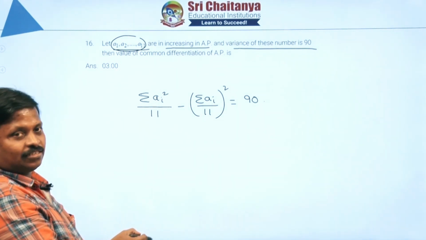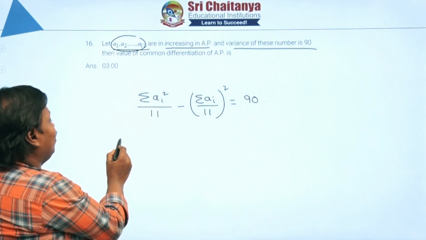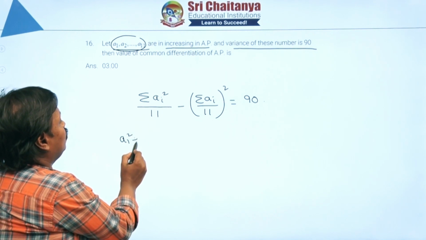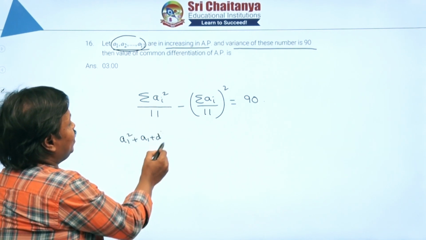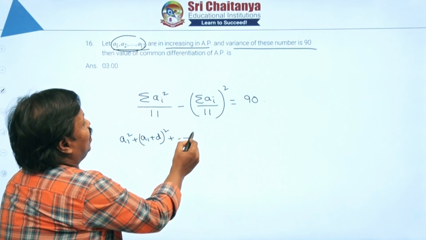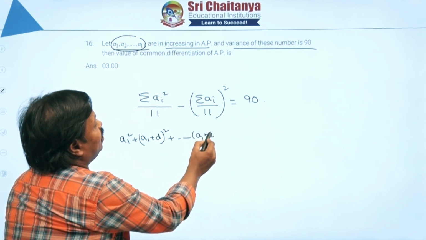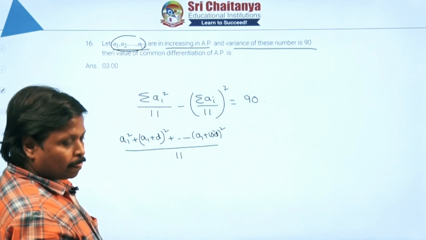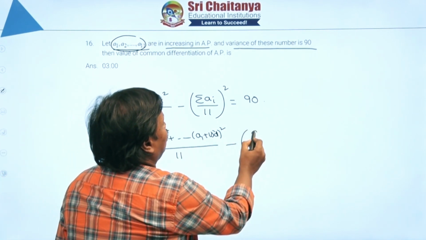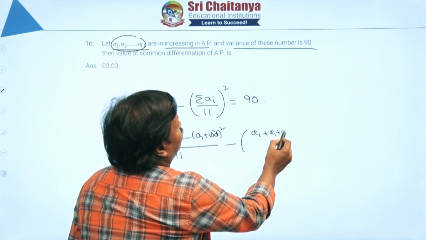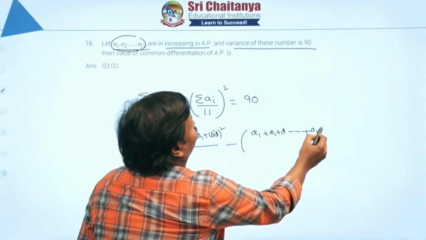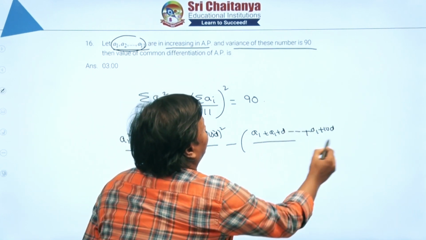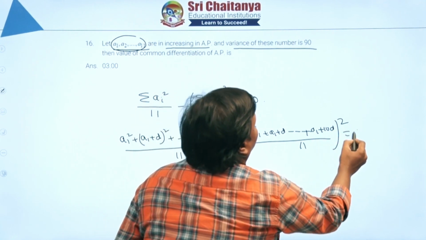So I can write sigma Ai square as A1 square plus A1 plus D whole square, and so on till A1 plus 10D whole square, by 11, minus A1 plus D, and so on till A1 plus 10D, by 11 whole square, equals 90.